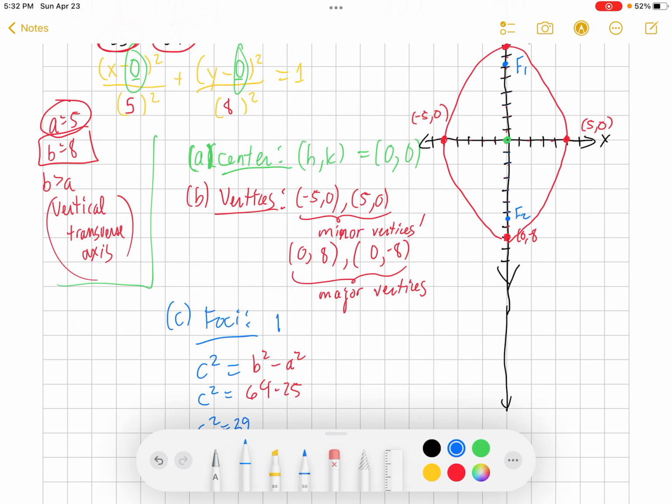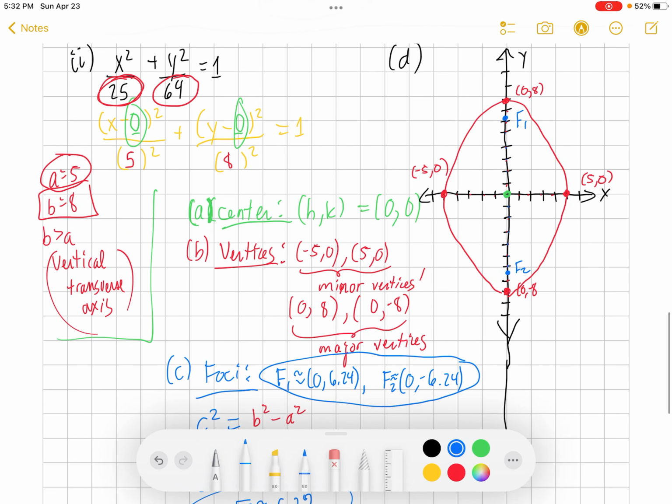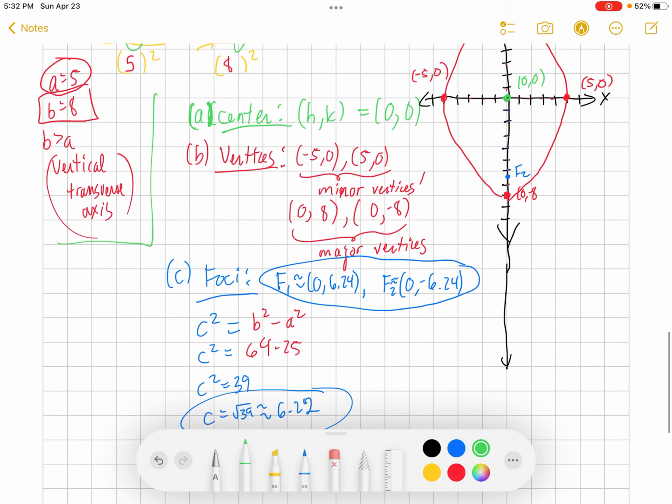So that's F1, about 0, 6.24, and F2 is about 0, negative 6.24. Good. So that's everything: our vertices, our center, which is 0, 0, and our foci.